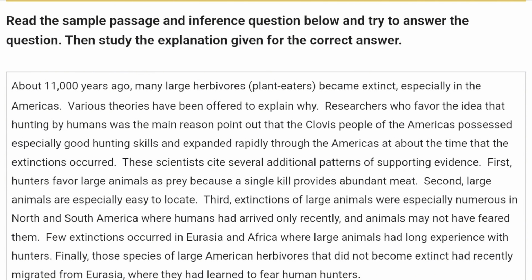Finally, these species that did not become extinct had recently migrated, where they had learned to fear the hunters. I feel that this could be the right answer, but let's pass and see what the other answer says: they were generally larger than herbivores in America.